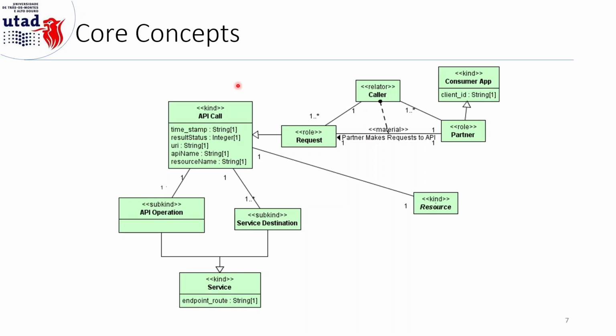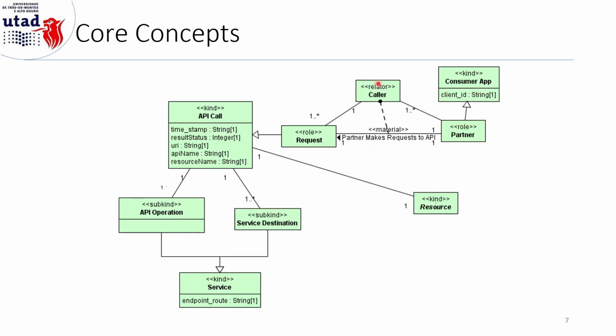URI indicates the internet address used to call the API name and resource name. This last is the name of the resource of the API called. The API is called by an authorized consumer app, representing a partner identified through the attribute client ID.